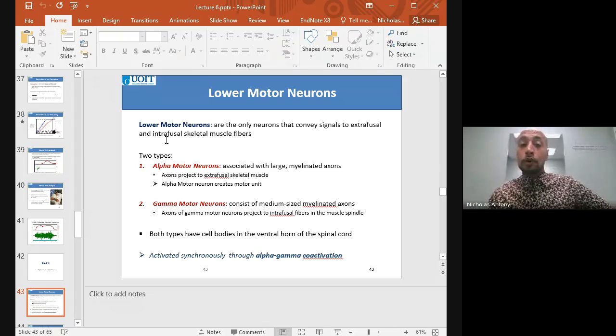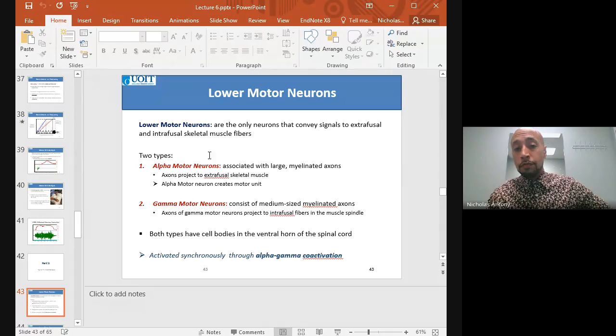So the lower motor neurons begin in the spinal cord, in the gray matter, and then connect based on the motor unit to an individual muscle and its specific muscle fibers. The lower motor neurons can be classified into two different types.